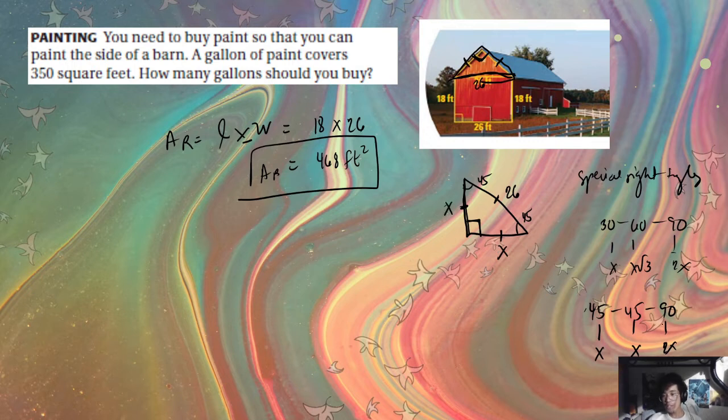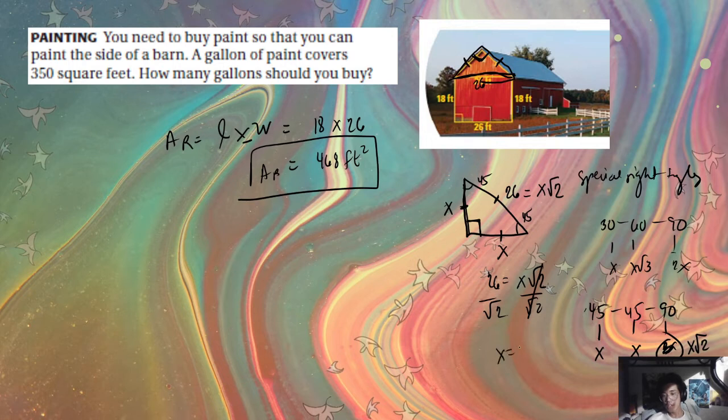And the hypotenuse should be equal to x square root of 2. I'm sorry. So if this is x square root of 2, we can equate 26 to x square root of 2 in order to solve for the value of x. Dividing both sides by the square root of 2, this cancels out.